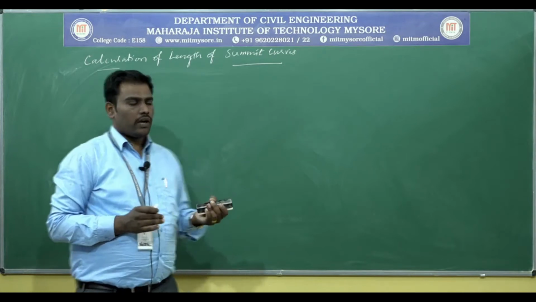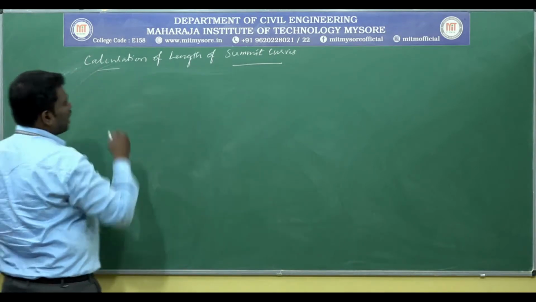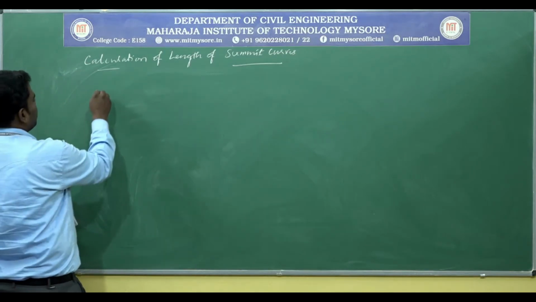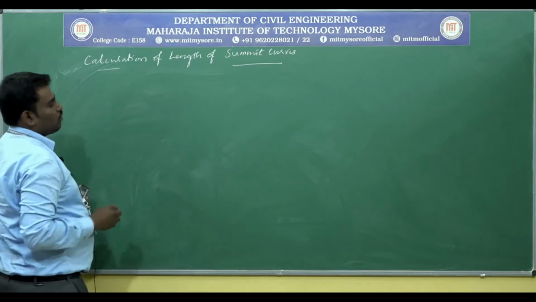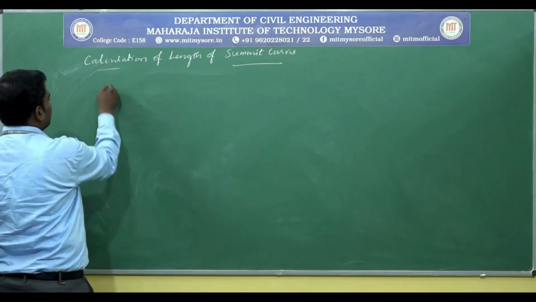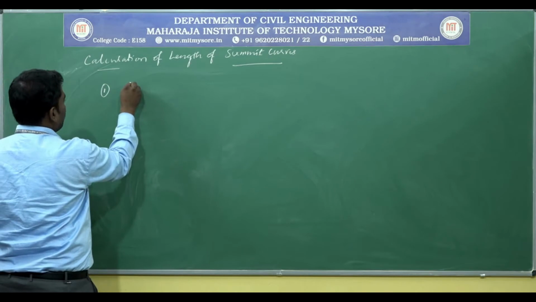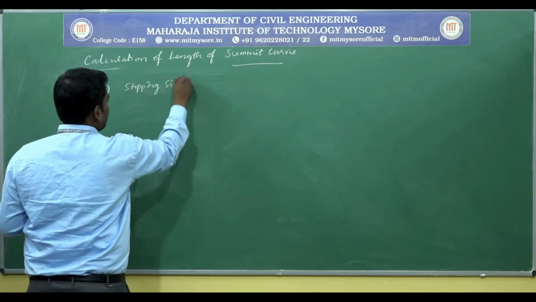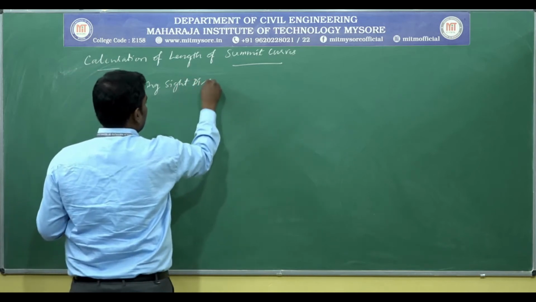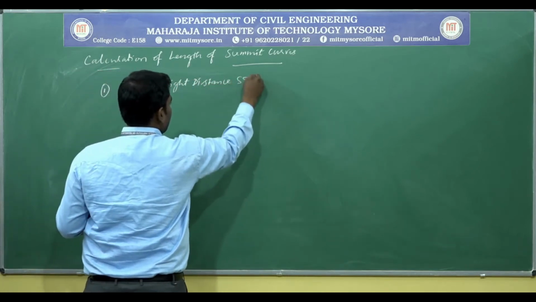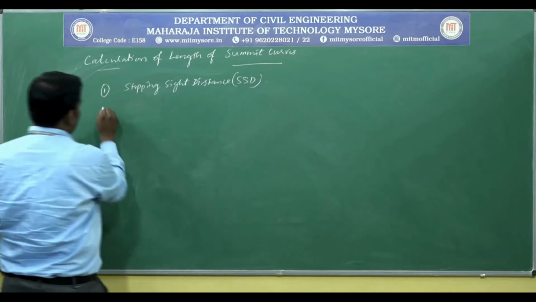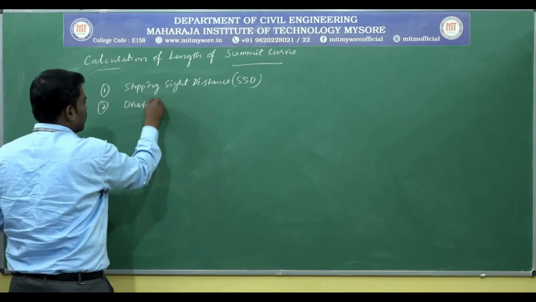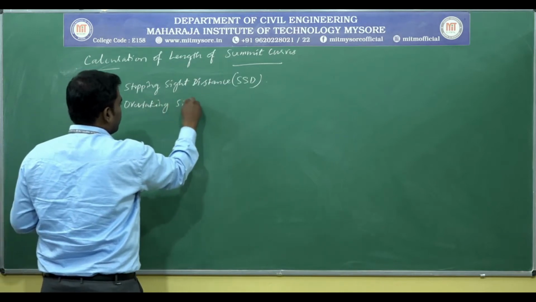One is SSD, the stopping sight distance, and the second one is OSD, overtaking sight distance.